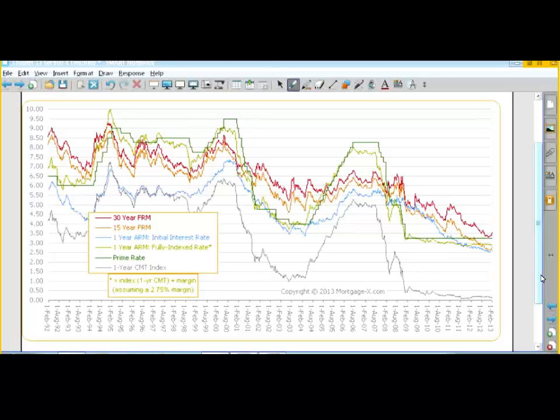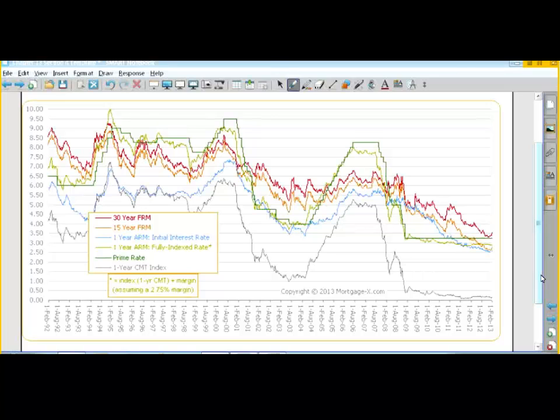Then you have these adjustable rate mortgages, which you can usually get a lower interest rate when you buy the house, but they have the possibility of being adjusted based on the inflation rate and the rate that the Federal Reserve charges. Those are closely tied.